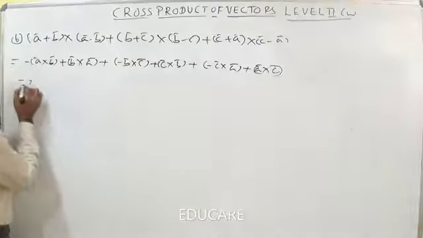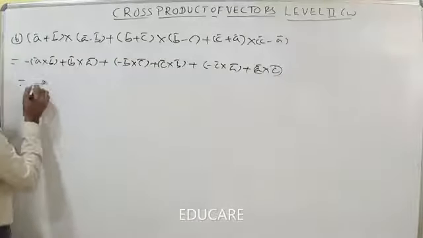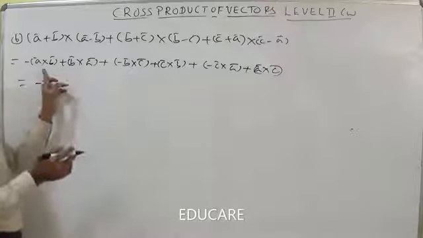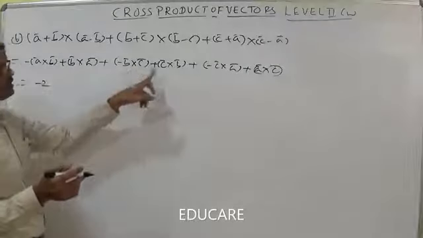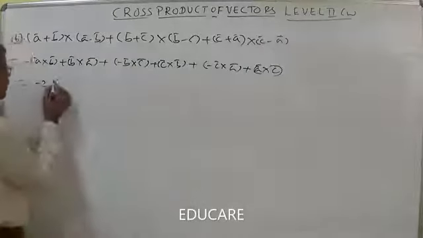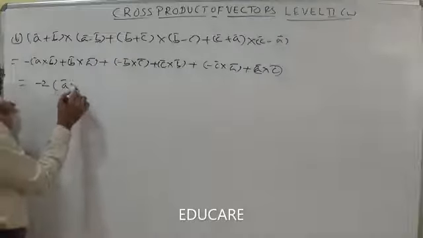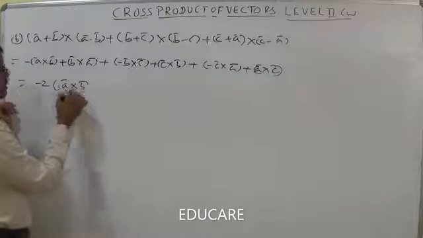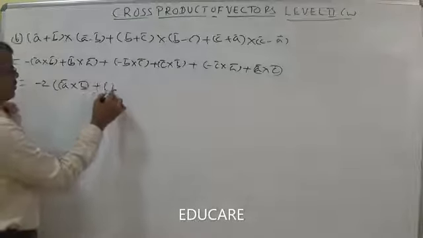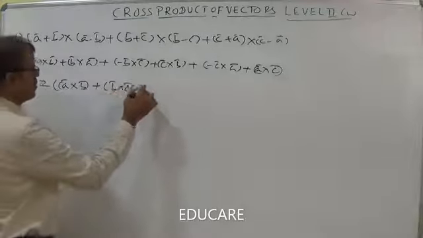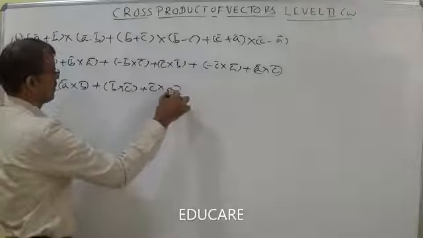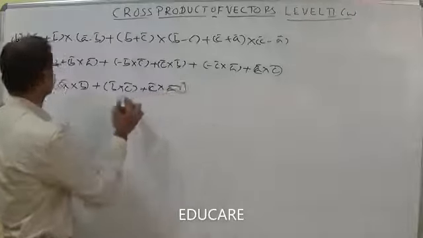So you can say directly that minus comes for everything. Then take the common minus and write minus of a cross b plus b cross c plus c cross a. This is the required answer.